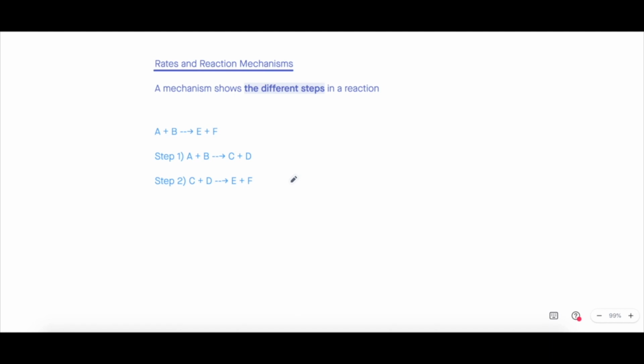And what we do in this topic is we assume that the slow step out of the ones in the mechanism is the one that defines the rate of the reaction. So let's say in this example here, step 1 was faster and step 2 was slower. Because step 2 is slower, we make an assumption that it's much slower.